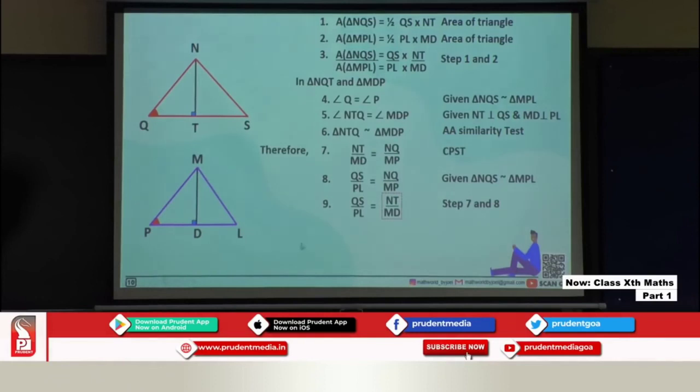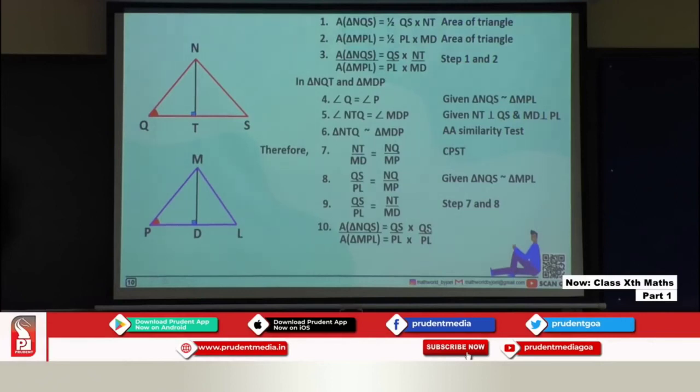So all I will do is, in the 10th step, I will write this step number 3 again, but all I will change is this NT upon MD. Okay, and you get QS upon PL now.